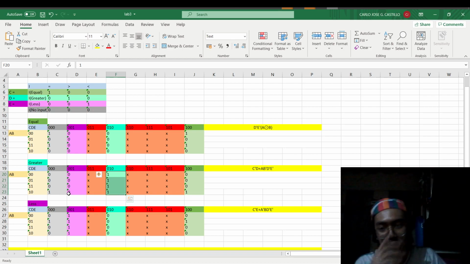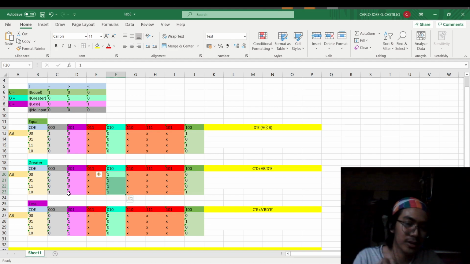The logic here is that if we compare the most significant bit of two words, and the result is greater than, then automatically A is greater than B, because it is the most significant.